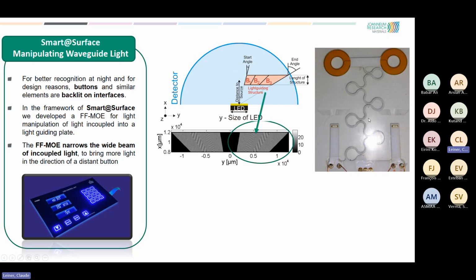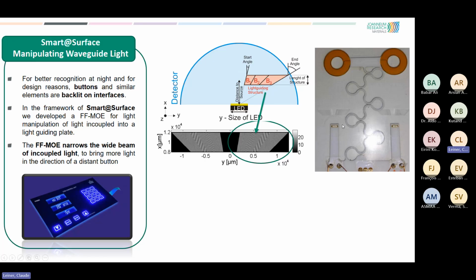This is something really interesting. This was the Smarted Surface. Smarted Surface was a project, and this was only a part of it, where you have, for example, different surfaces with buttons on the surface, such devices, and you want to backlight them, but you don't want to place LEDs around the button all the time.